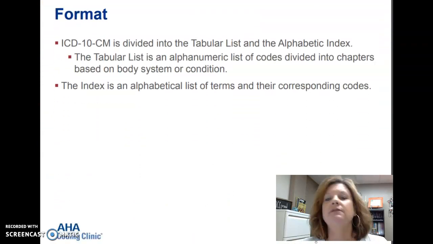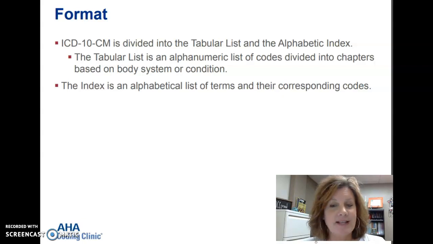Okay, the format. It is divided into the tabular list and the alpha index. Go ahead and look at your book and label it. You're going to see the first part, called Volume 2. That's your alpha index.